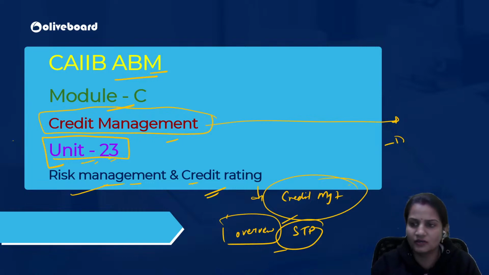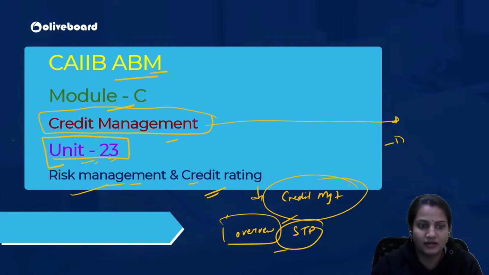See, we know that in an organization we have to manage everything. We have to manage all the functions of the organization, all the departments, the people, the borrowers, the lending authorities also. So definitely risk also comes. If a person is lending money to the borrower, then definitely risk will also come.